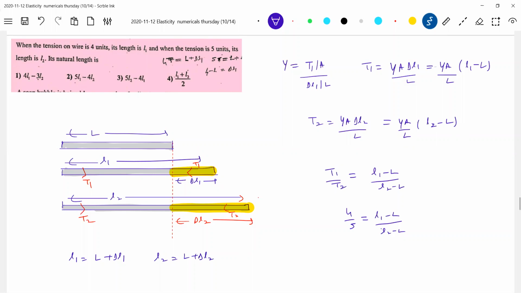Solving this, we'll get the expression, or let me derive the formula. It's asking for the natural length, and capital L has to be determined. So further, this can be solved: T1 L2 minus T1 L.